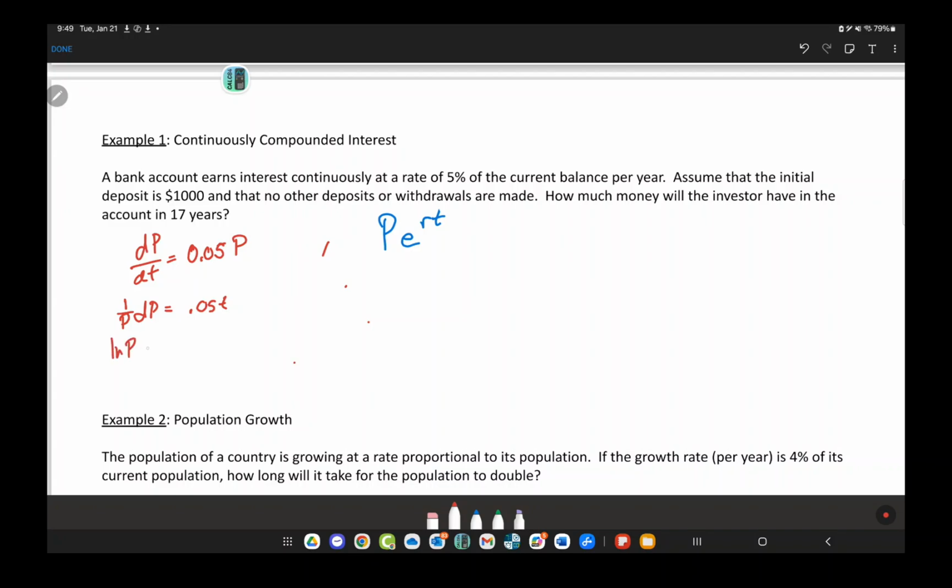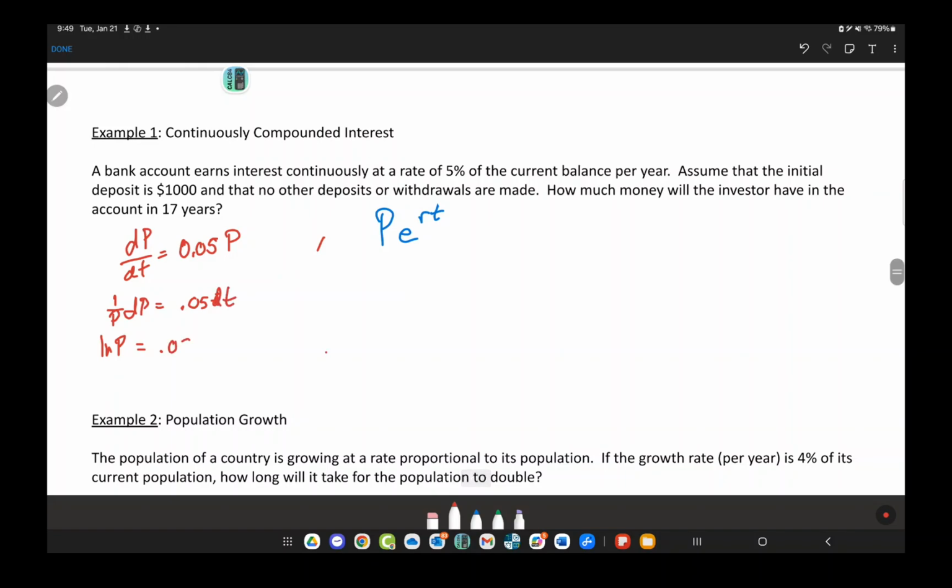Natural log of P equals 0.05 t plus C. So P equals e to the 0.05 t times e to the C, or as they like to write it, A equals P e to the r t, where P is the principal.